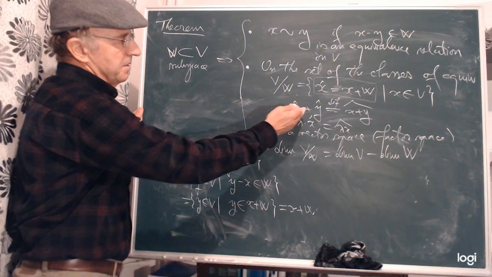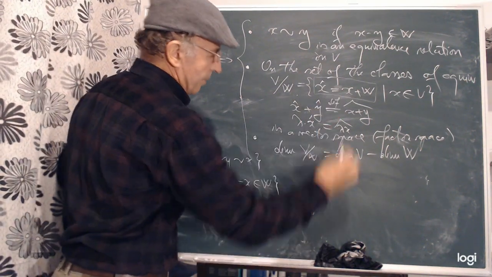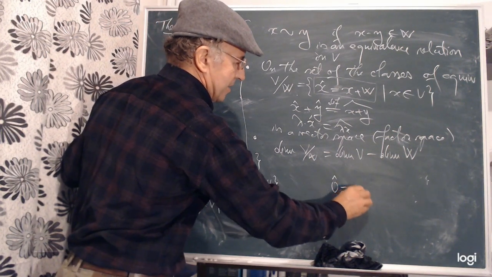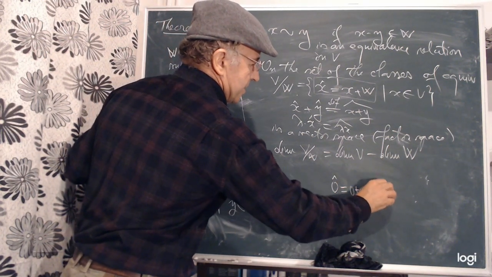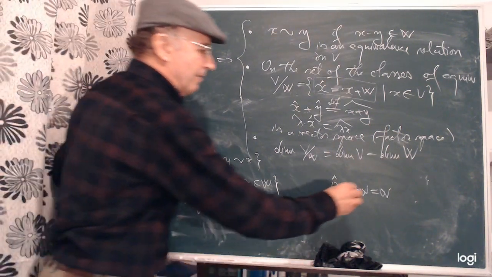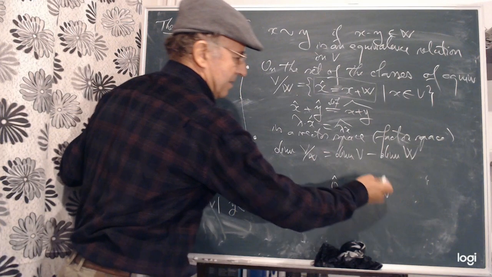For example, the class of 0 is 0 plus W, which is just W.